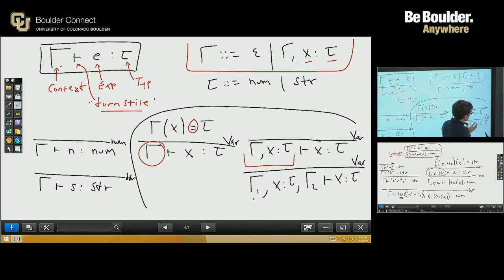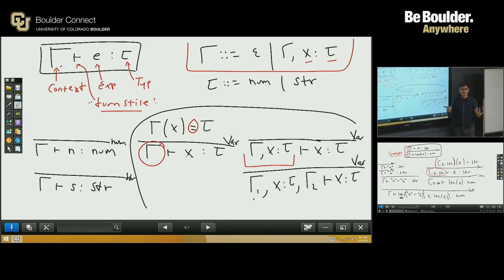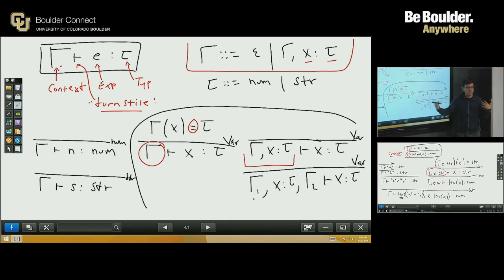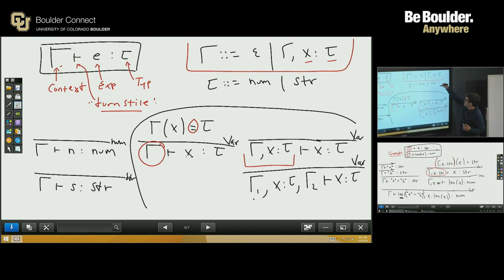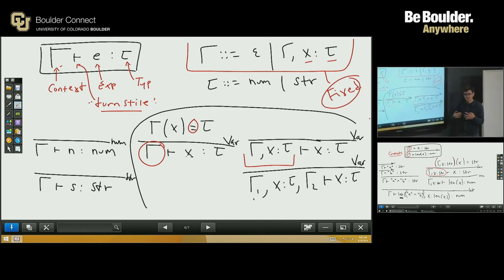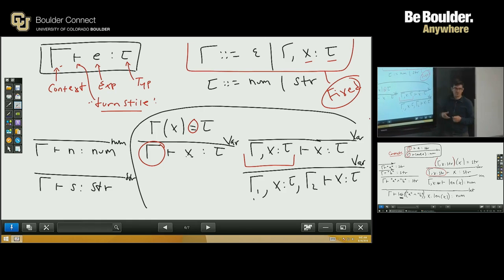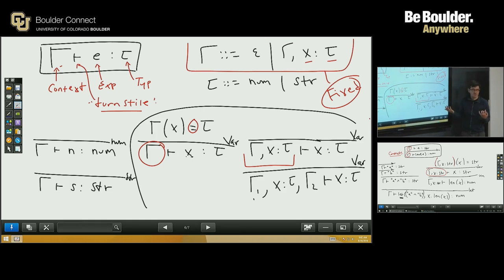So it's not even quite like state, because types are supposed to be invariants. A variable is supposed to have the same type over the whole course of the program. So you can think of this as basically fixed. It's not changing over time as the program runs. Maybe it's getting bigger and more extended, but it's not getting mutated. If x has type tau, x will never have some other type that's not equal to tau.